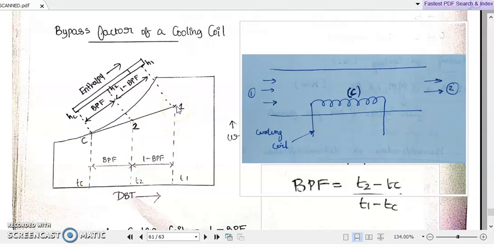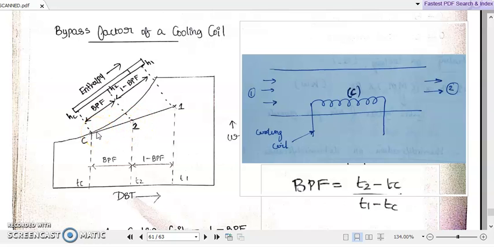If all the air molecules actually touched the cooling coil, there would have been no bypass factor, so point 2 would have been at C, but that is not the case. Some air molecules bypassed the cooling coil, and that is represented by the line.